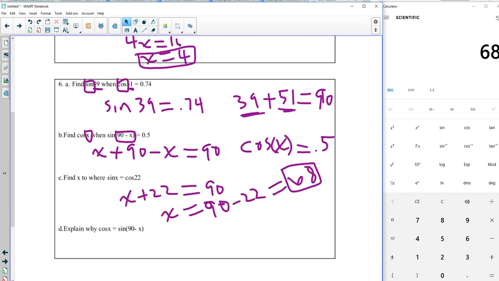The last one on this side is kind of like B. Explain why sine x and cosine of 90 minus x are equal to each other. Well, they're equal to each other because they're complementary.